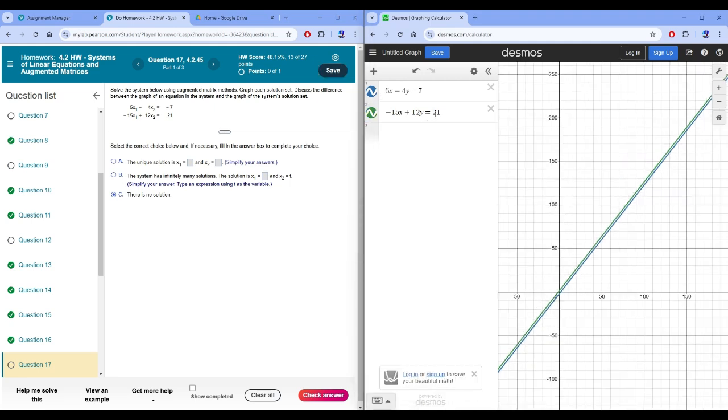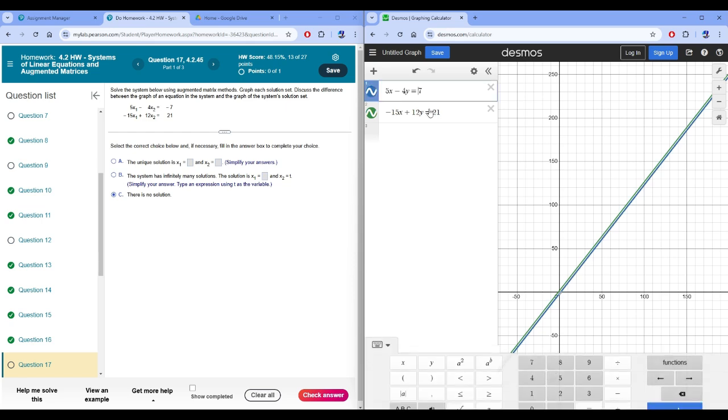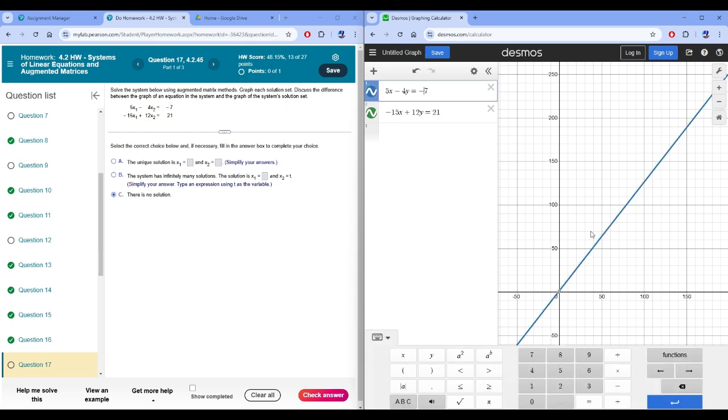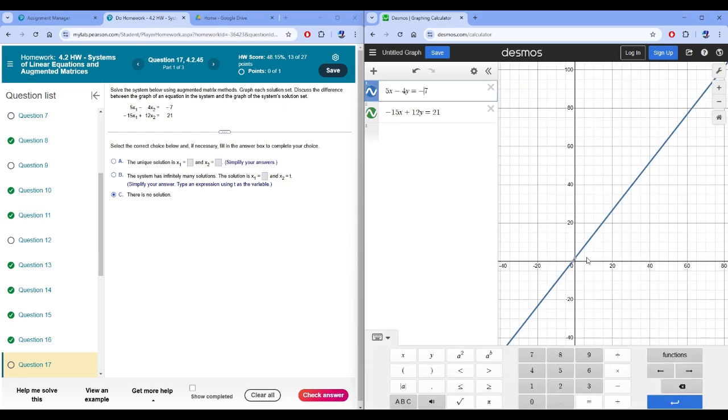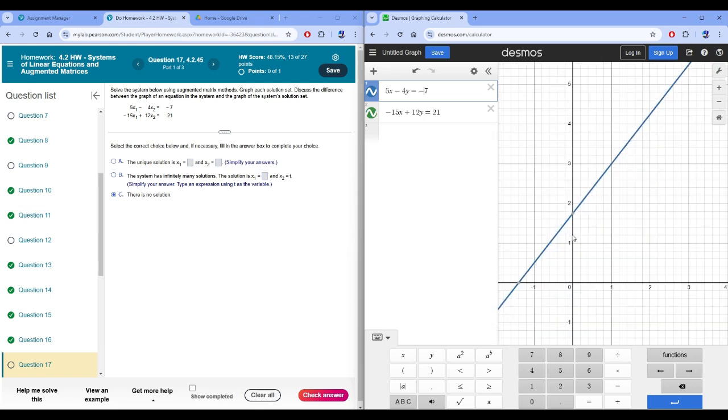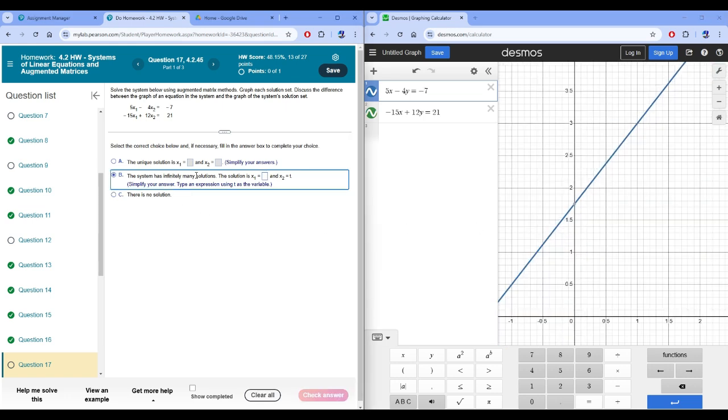Isn't this times 3 that? Oh, there's a negative 7. My bad. So there's infinite solutions because they're the same line. The solution is, what is this line?